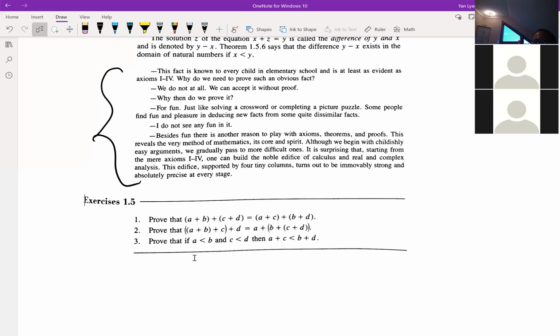Now we have three terms: a, d, and b plus c as a term. It's basically just a bunch of associativities. You have to be very careful with the associative steps in number two. But agreed, it is essentially a game of associativity to go from one to the next.